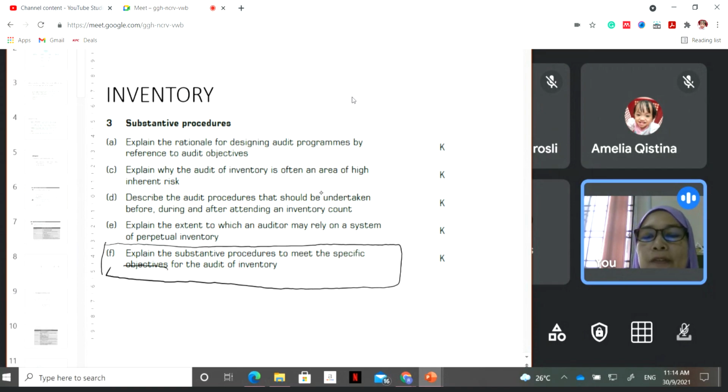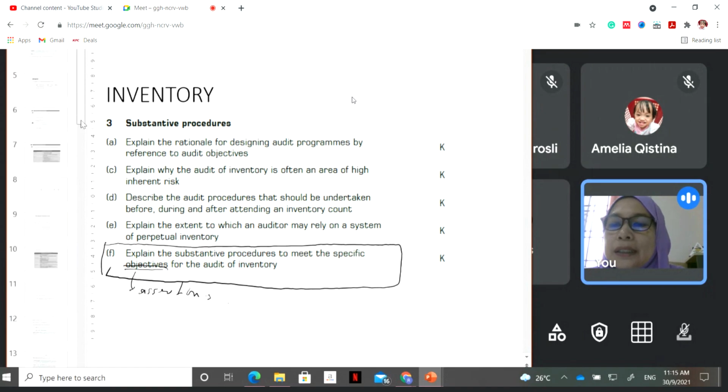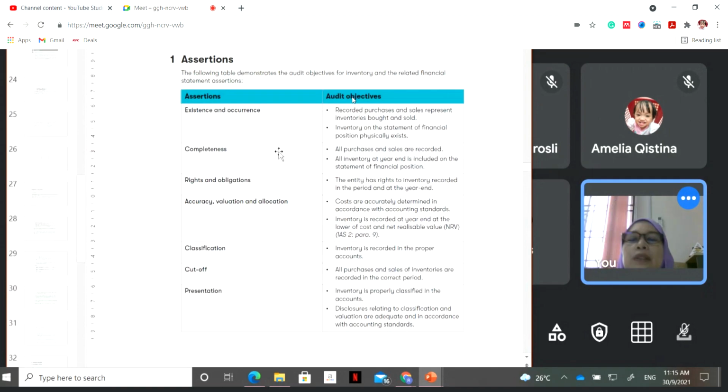The objective here normally refers to the assertion. I hope you still remember the assertions you have done before. So we get back to assertion.